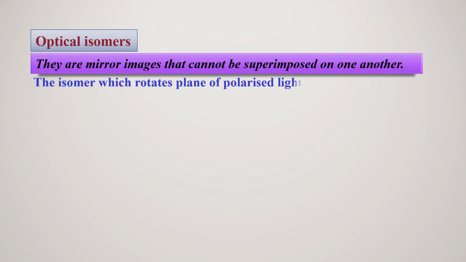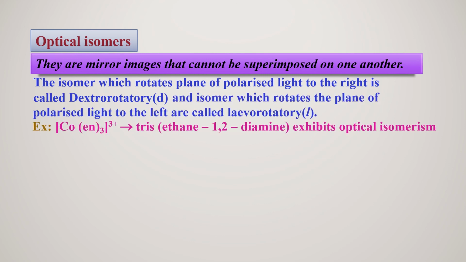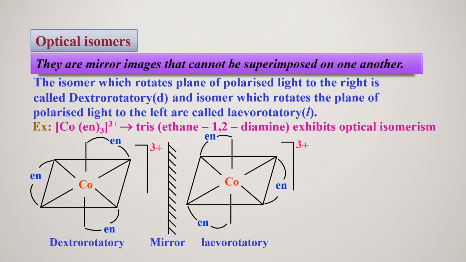The isomers rotate the plane polarized light clockwise or anti-clockwise, right or left. Clockwise means dextrorotatory, anti-clockwise means levorotatory, and we represent them with small d and small l. Now we will take a particular example, tris(ethane-1,2-diamine) or tris(ethylenediamine)cobalt(III). It exhibits optical isomerism. How does it exhibit it? You can see the structure.